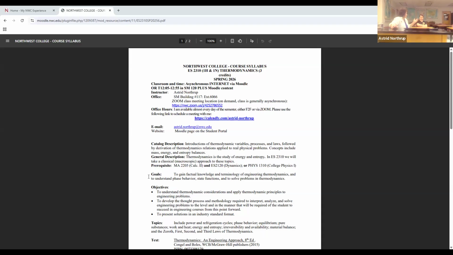And we're going to quantify that mathematically in the time that we have together. The goals are to gain factual knowledge and terminology of engineering thermodynamics, to understand phase behavior, state functions, and to solve problems in thermodynamics. Okay, so all of those things, if you're familiar with them a little bit, maybe from chemistry, you can use that information from this point forward, and if you're not, you're going to learn about them.